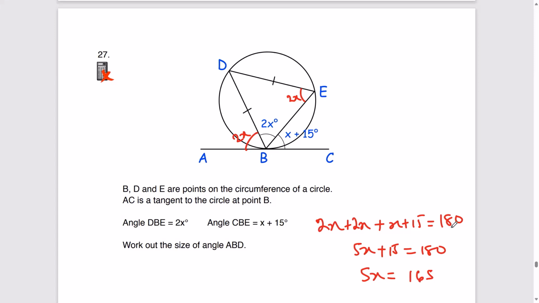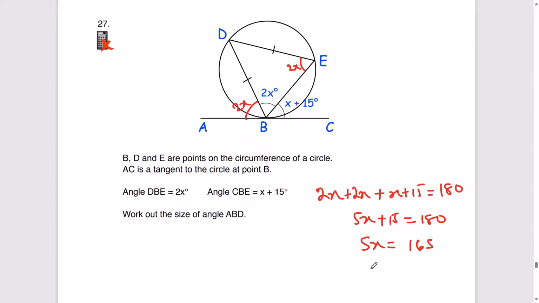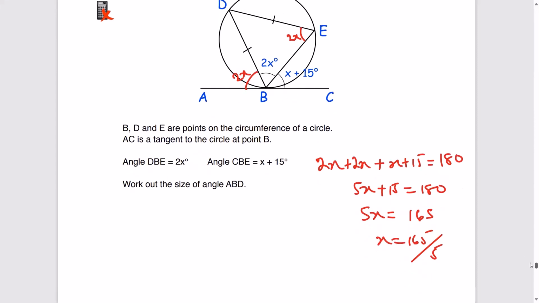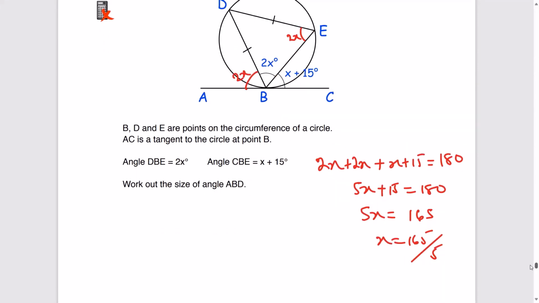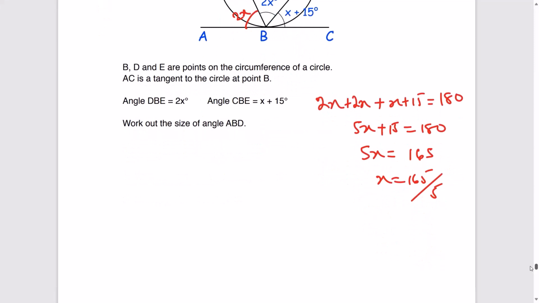So x would now have to be 165 divided by 5. That gives you what? 33. 165 divided by 5. Yeah, 33.